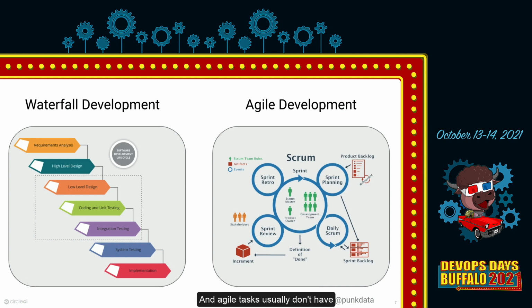And Agile tasks usually don't have strict dependencies, right? So having minimal dependencies enables developers to complete multiple tasks concurrently, which dramatically increases productivity.